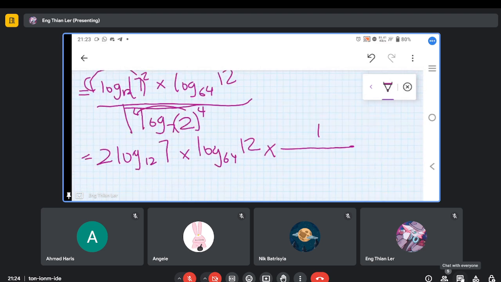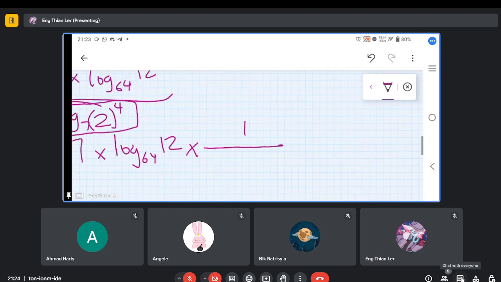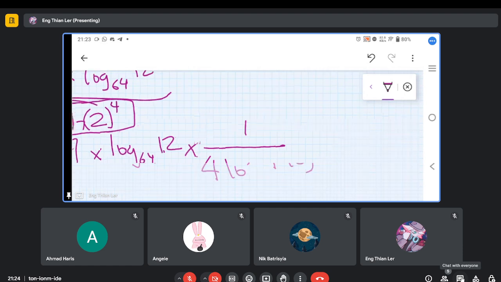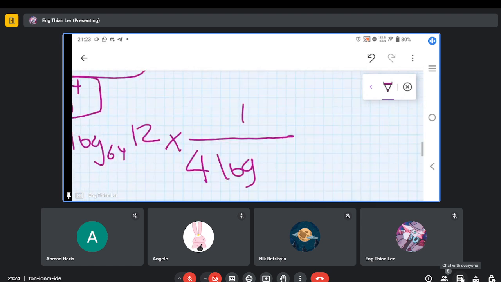The 4 goes forward and becomes 4 log base 7 of 2.